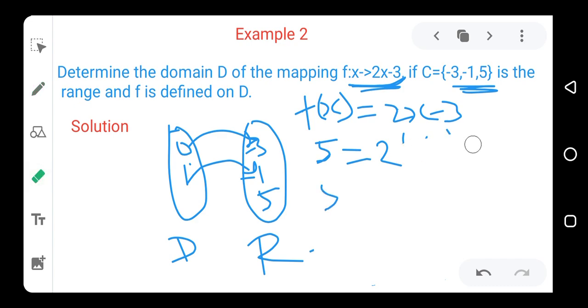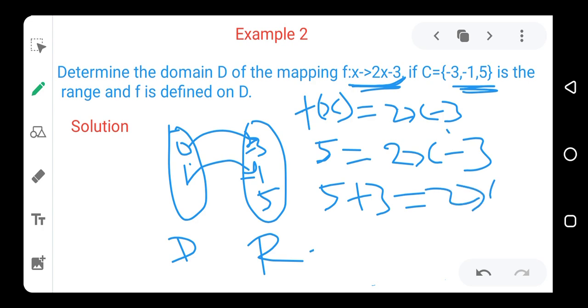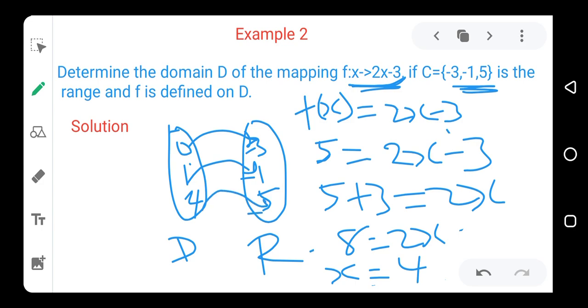Why am I writing this? 5 is equal to 2x minus 3. 5 plus 3 is equal to 2x. 8 is equal to 2x, which means that x is equal to 8 over 2, that is 4. So we have 4 here. So it is 4 that gives us the image 5.